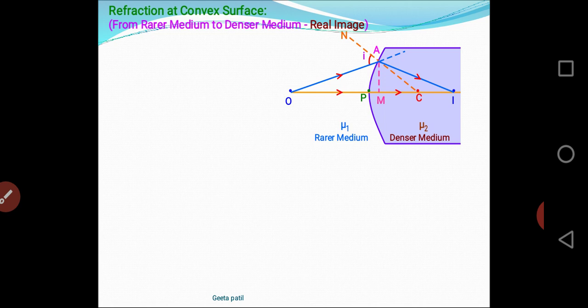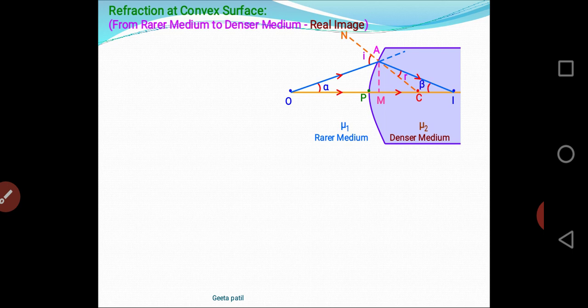Draw AM perpendicular to the principal axis. Let R be the angle made by refracted ray with normal, that is angle of refraction. Let alpha be the angle made by incident ray with principal axis.